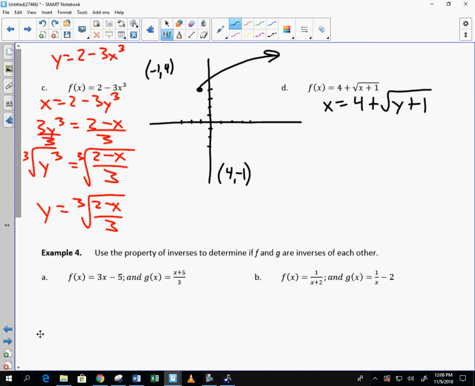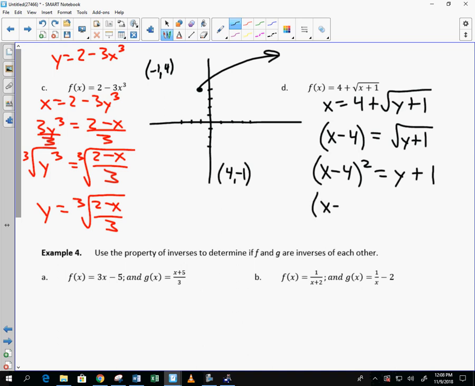Got to solve for y. How? X minus 4 equals the root of y plus 1. Square both sides. X minus 4 squared is equal to y plus 1. X minus 4 squared minus 1 is equal to y. What shape does that make?